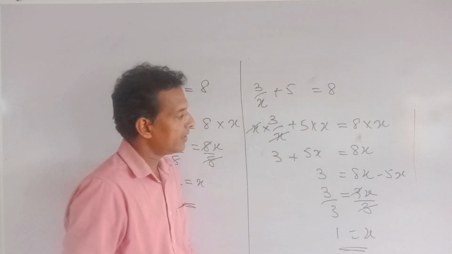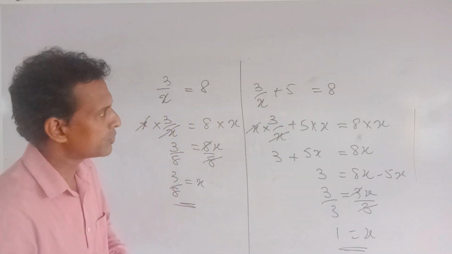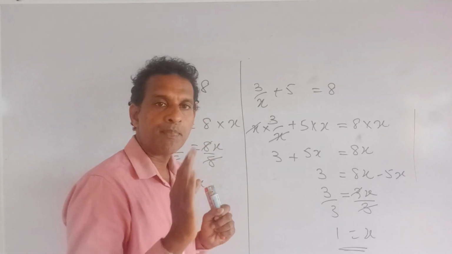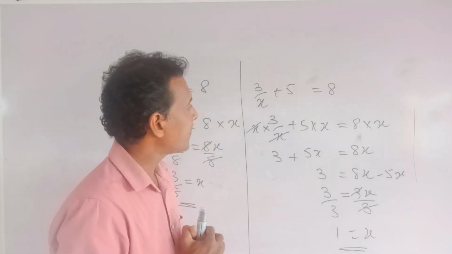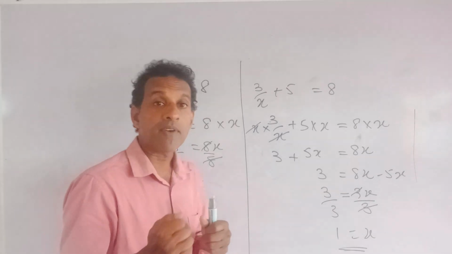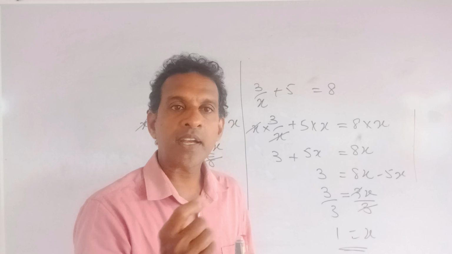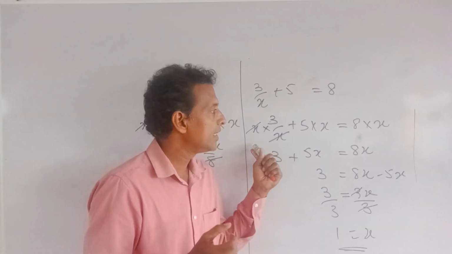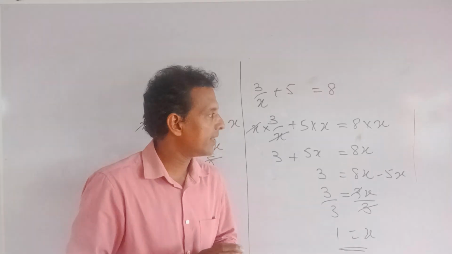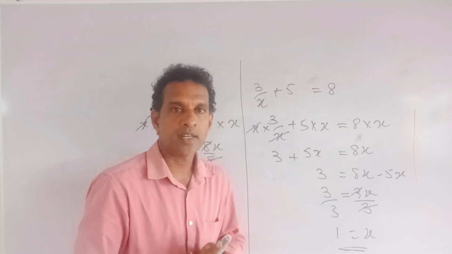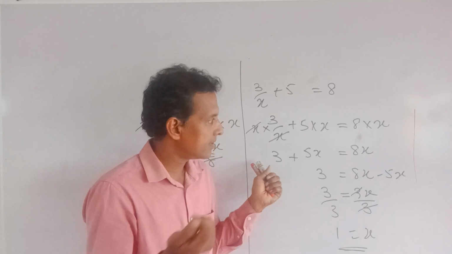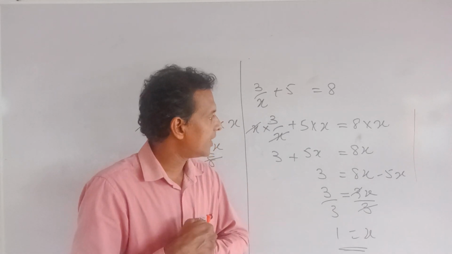So this is how we solve the equation. I think I have covered all types of possible equations here. If anyone needs a different type of equation, you can remind me or mention it in the comment section if possible.